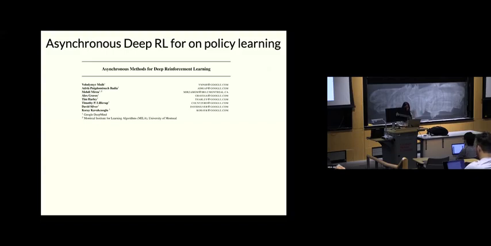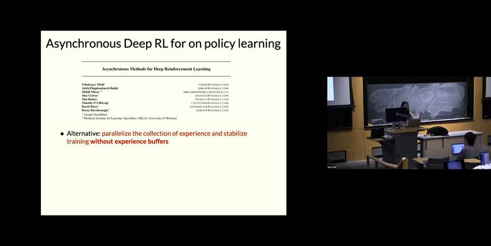We're going to throw away experience buffers, and instead, we will have multiple agents that collect experience in parallel in different parts of the environment. Some near the cave, some on top of the stairs, and so forth. Because you're in different parts of the environment, the images are going to look different, so the experience will be decorrelated.